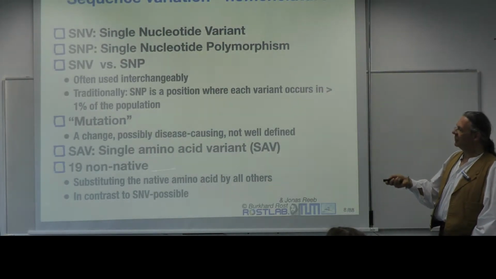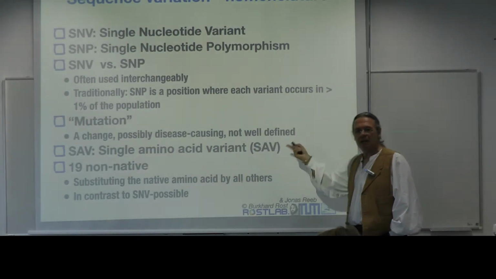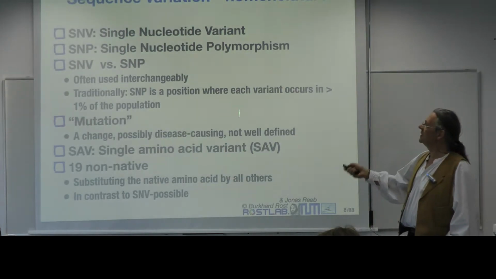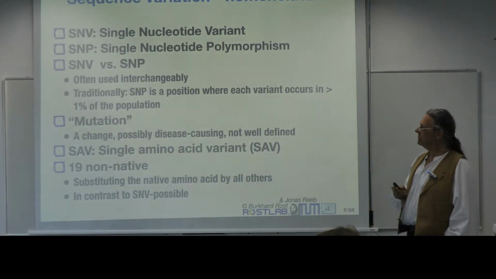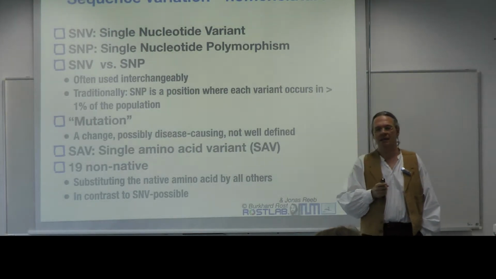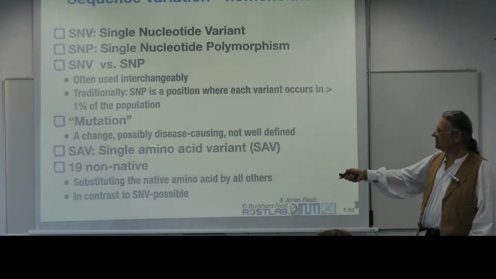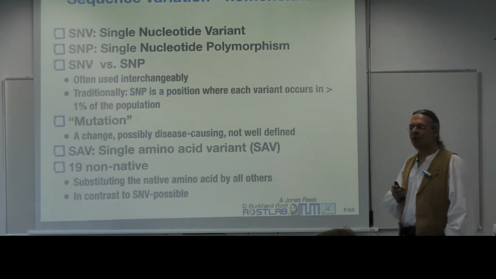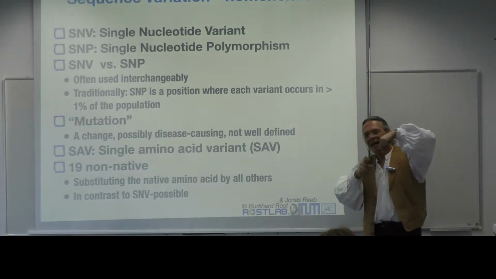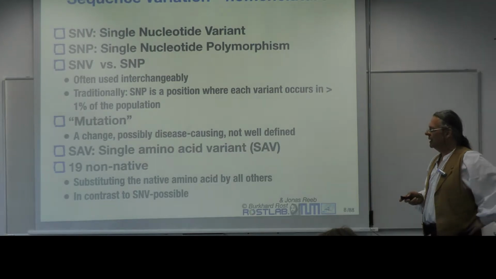SAV is now what most people use for single amino acid variants. So these are the non-synonymous variants, the non-synonymous SNVs, or just mutations, which could also be not reachable by an SNV. I get to that in a moment. And then there's this language of 19 non-native. This means there's the native amino acid and all 19 amino acids that are not the one that you observe in the native protein.